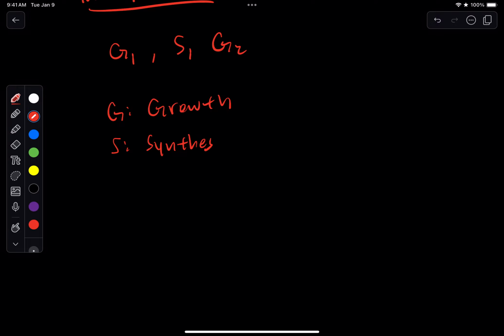And then S, synthesis, is a very important part, when the cell replicates its genetic material. It duplicates all of its chromosomes. During the S phase, every single chromosome is duplicated so that there are two copies. One can be used for one daughter cell, and one can be used for the other daughter cell.